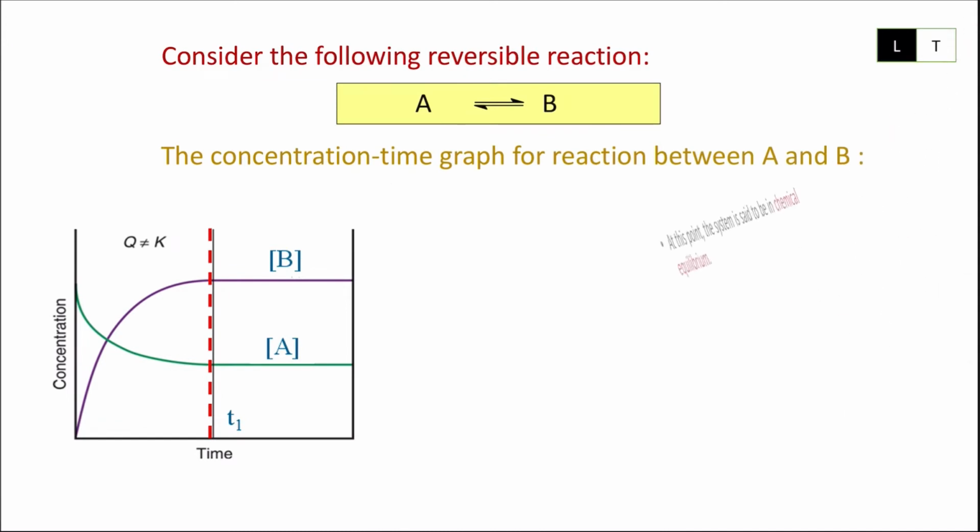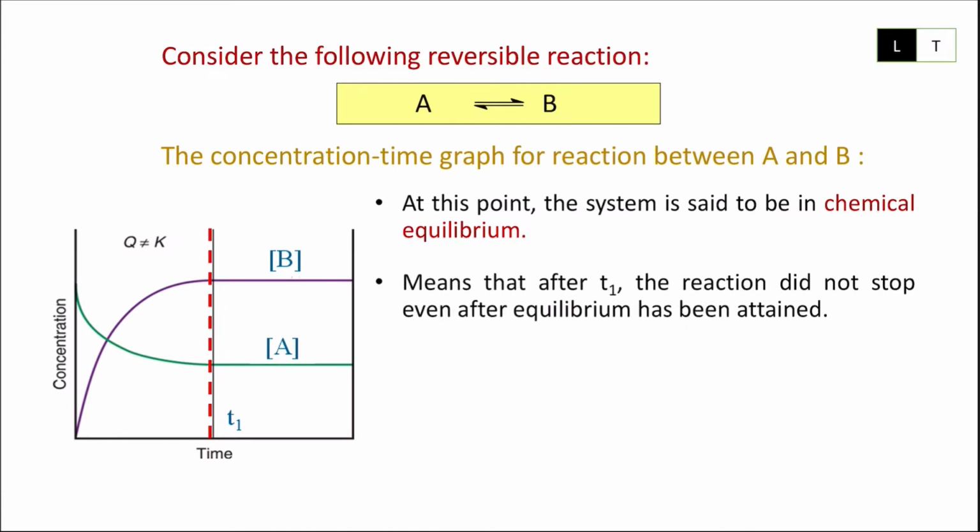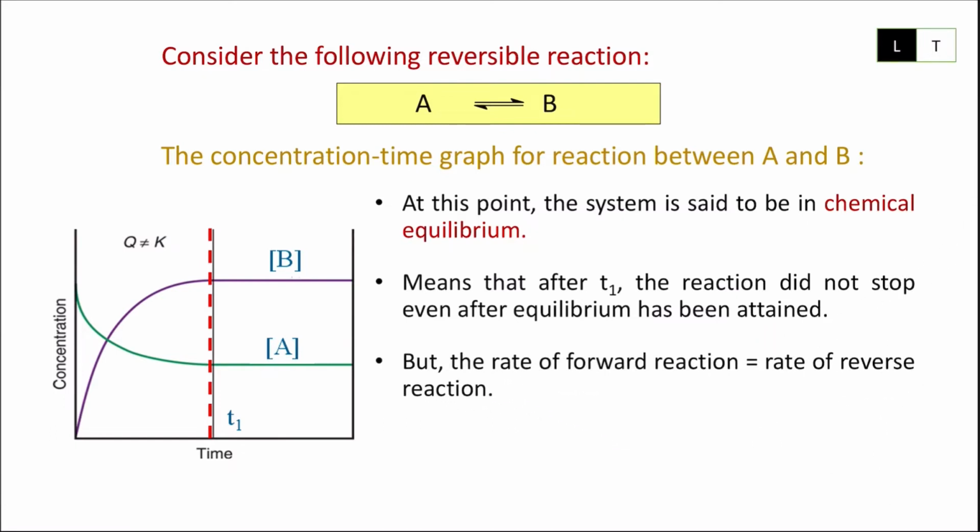So at this point, the system is said to be in chemical equilibrium. It means that after time 1, reaction masih lagi continue. It did not stop even after equilibrium has been achieved. However, the rate of forward reaction is equal to the rate of reverse reaction. You can see there is no net change in concentration for both reactant and product.